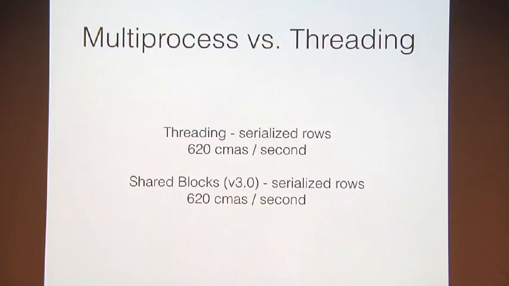Yep, okay, sorry. About the same. In fact, when I ran it before, I was getting exactly the same numbers, but it varies, up and down, between 620 and 680. So as we said, process, threads, about the same thing. Serialization is actually the same process. It's going to use very similar primitives to communicate.